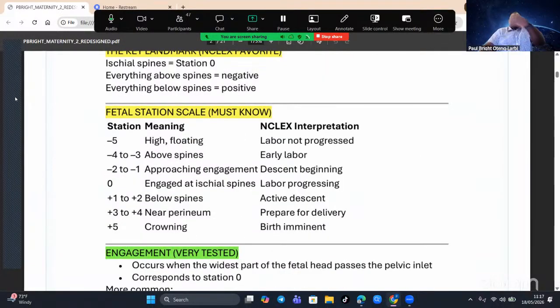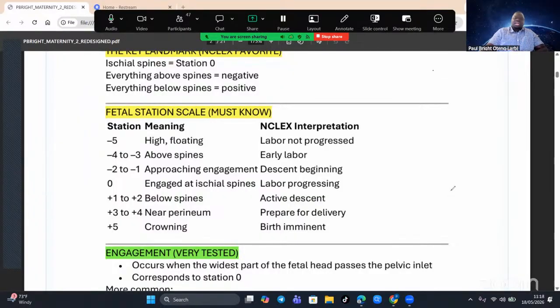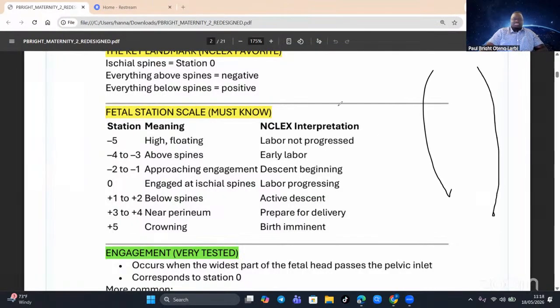So you are carrying a baby, you went to labor, and the midwife told you. Let me get the list so that I can know people who are online now. Okay, I'm seeing Beatrice now. Beatrice went to the hospital.